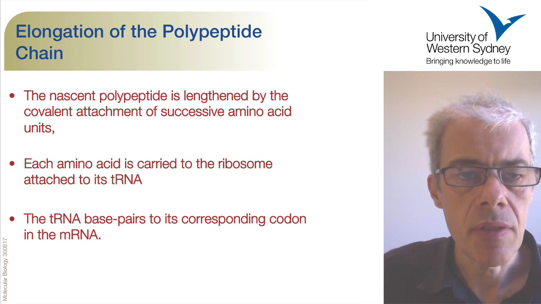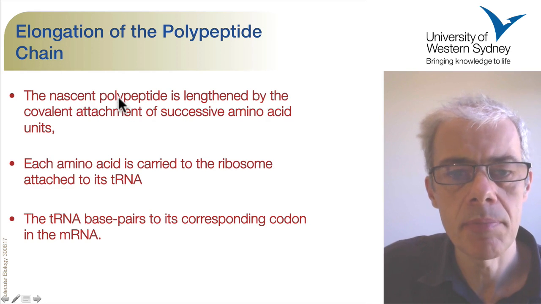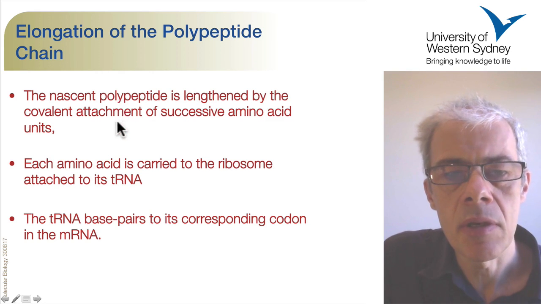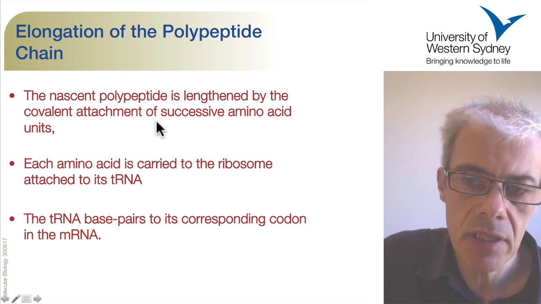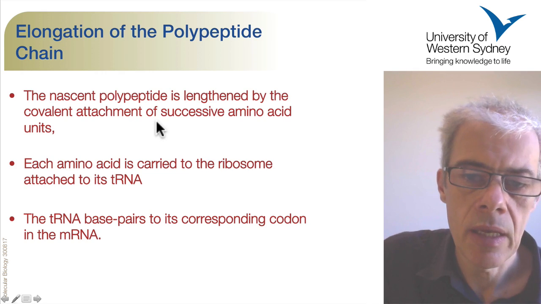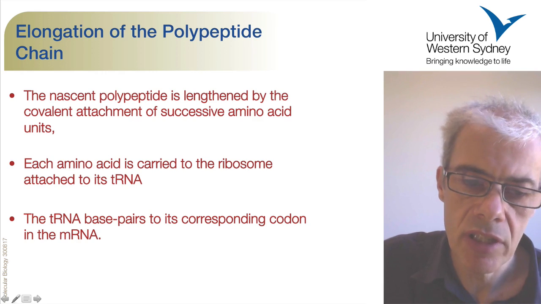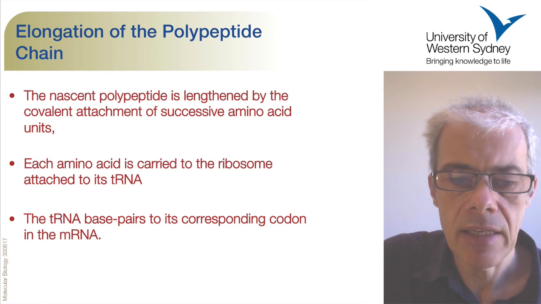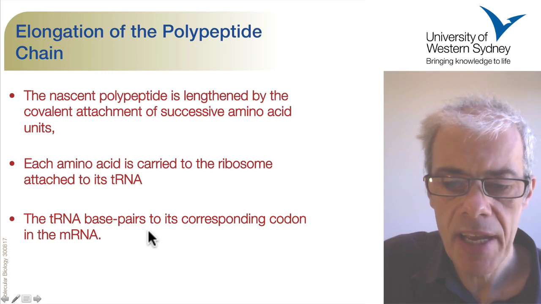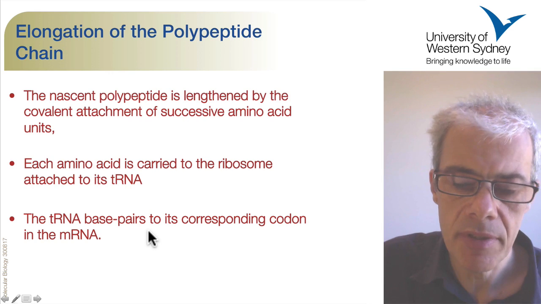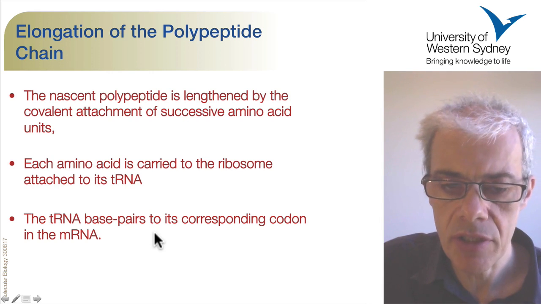So effectively, the new nascent polypeptide is lengthened by covalent attachment of successive amino acid residues. Each amino acid is carried to the ribosome by its transfer RNA, and it's the transfer RNA base pairing to the codon that determines which amino acid residue will be added.